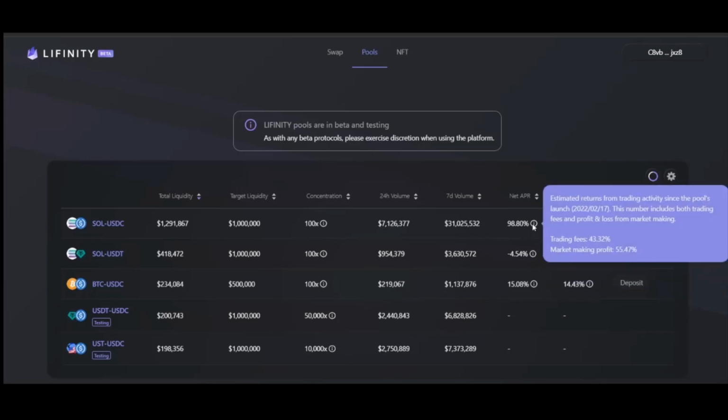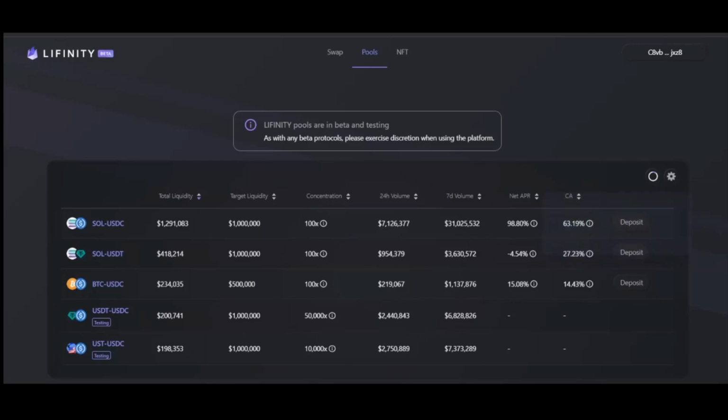And you can see that although SOL USDC also experienced, quote, impermanent loss, or in other words, there were market-making trades that it made that resulted in a loss, if you look at all the trades together, the vast majority of them generated a profit, and that's why in total it's generating so much profit.